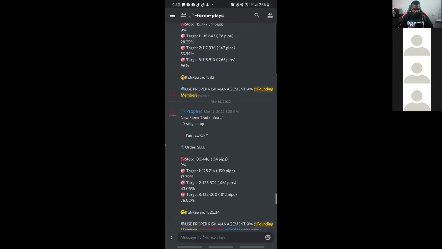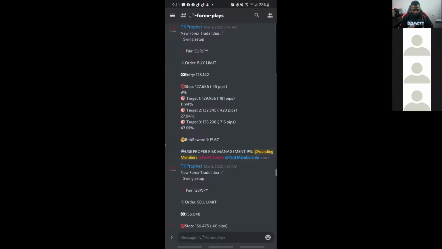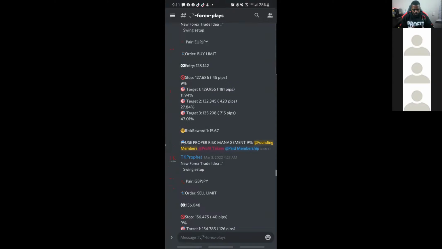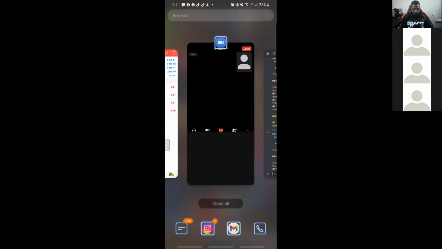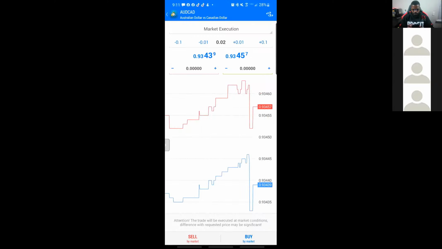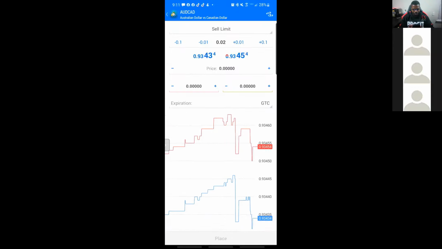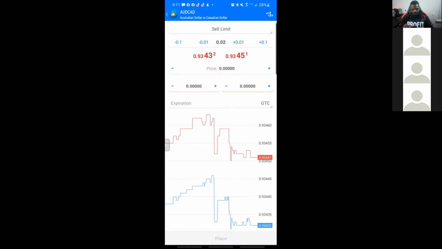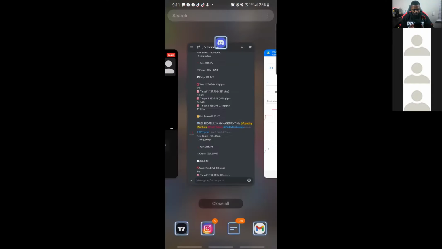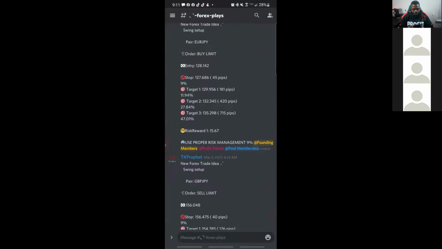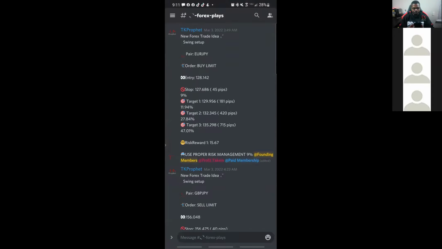If you see buy limit or sell limit, you would go to the top where you see market execution, and select buy limit, sell limit, buy stop, or sell stop, whatever you see. Now, Mr. Terry, when you see a buy limit, sell limit, buy stop or sell stop, those trades have an entry point. You see that? Yeah, I see it. Okay, perfect. Those will be the only trade setups that I give an exact entry point.